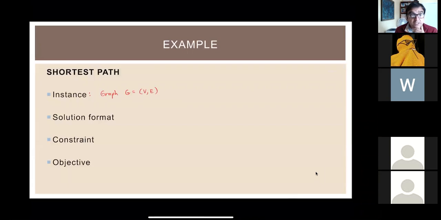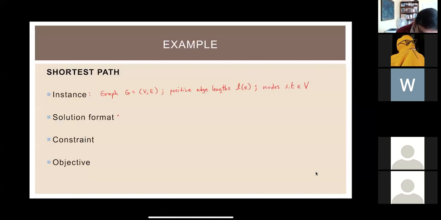So far, we've been assuming that the edge weights are positive, so let's say positive edge lengths. And we want to find the shortest path from some node S to some other node T. That's what the instance, the input, is going to look like.